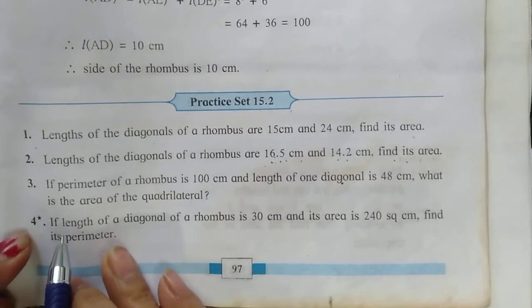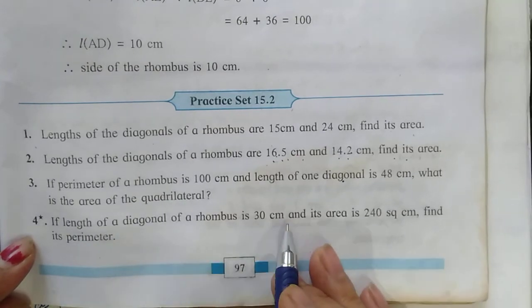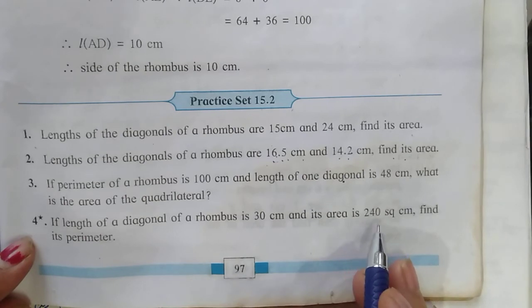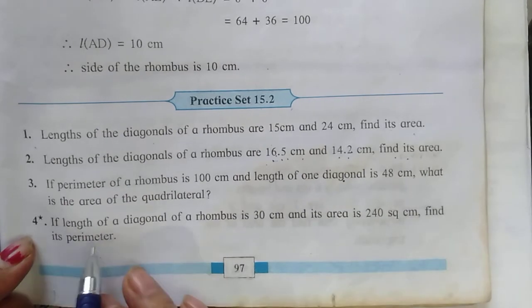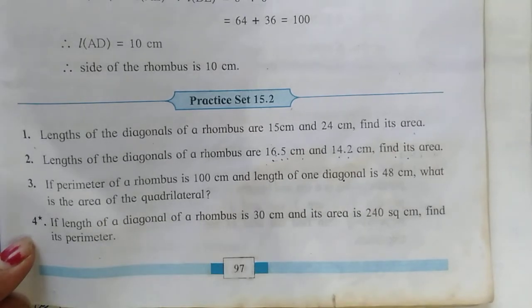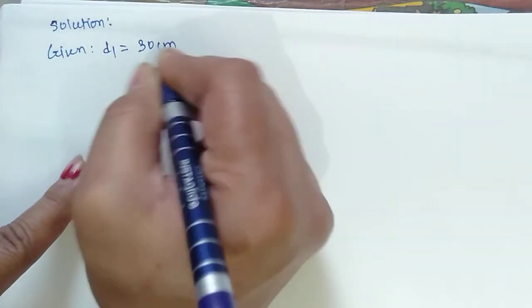Now see the fourth question. If length of a diagonal of a rhombus is 30 centimeter and its area is 240 square centimeter, find its perimeter. So it is very easy. See the solution. Firstly, write down the given things. So the one diagonal is given. D1 is equal to 30 centimeter.